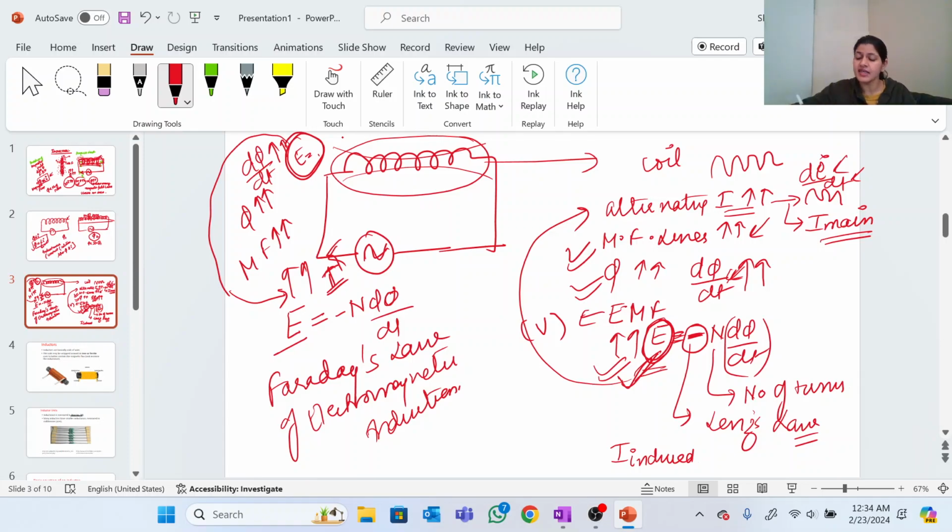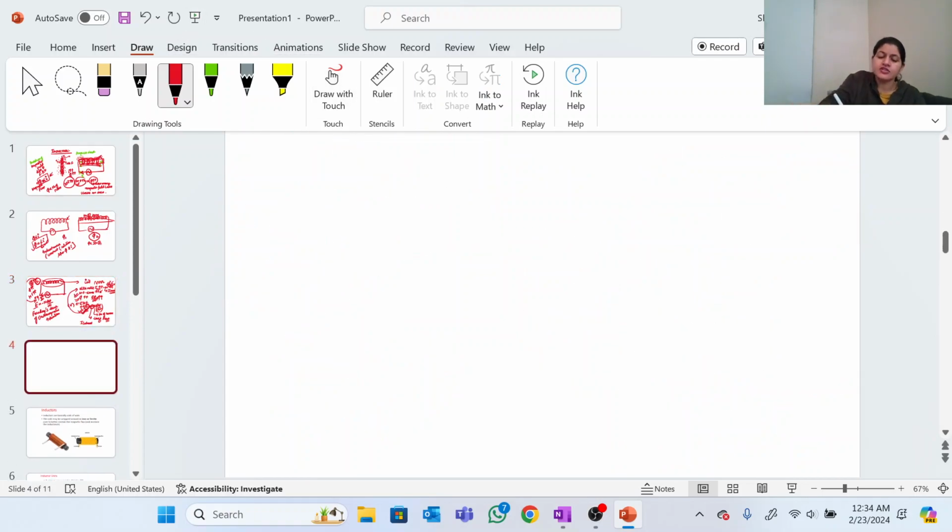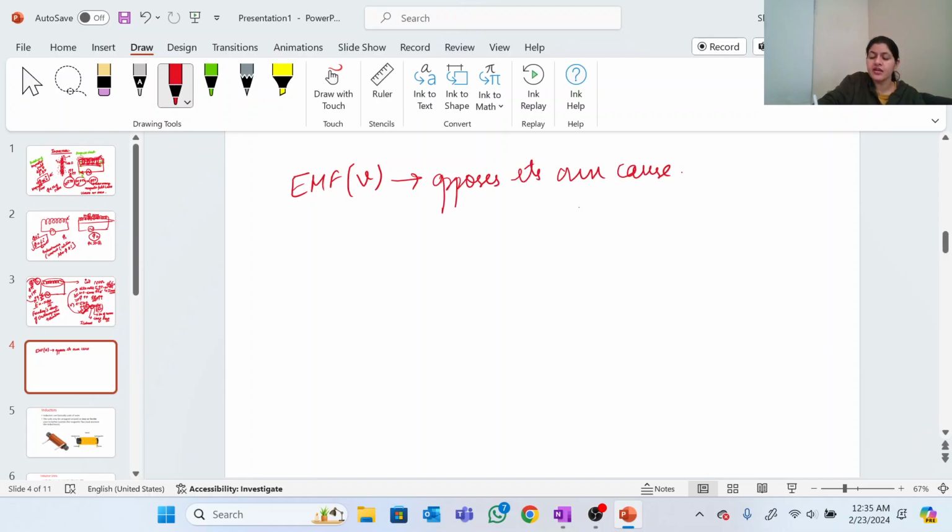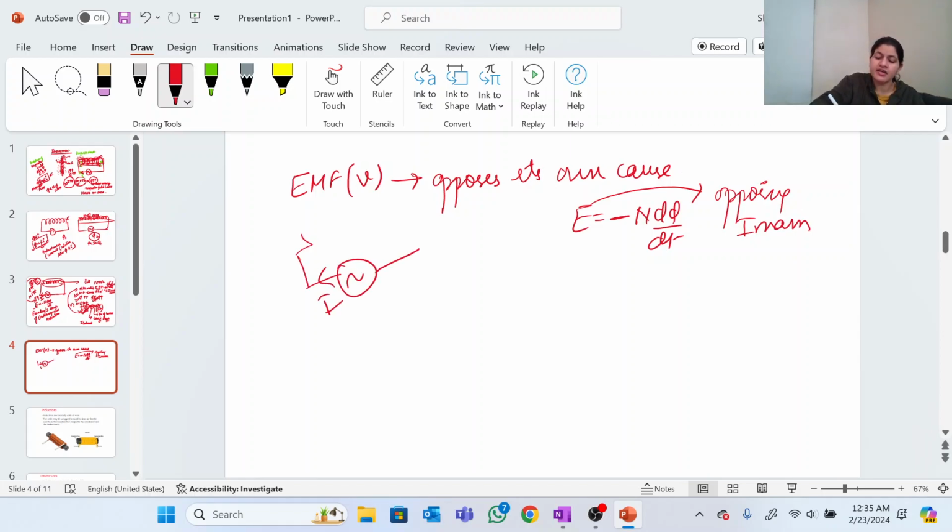So when I say that this EMF, or voltage, opposes its own cause, which is indicated by this negative sign in minus d phi by dt, that means this E is opposing I main, the main current I which is circulating inside this coil.